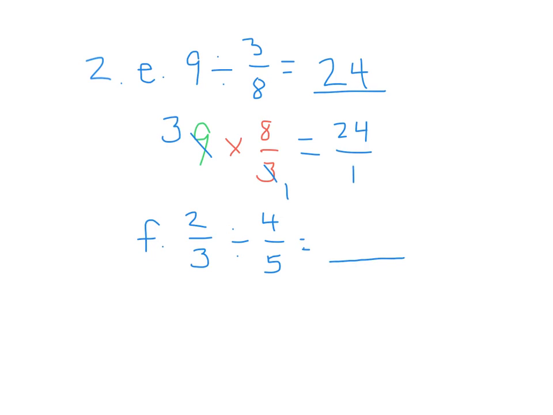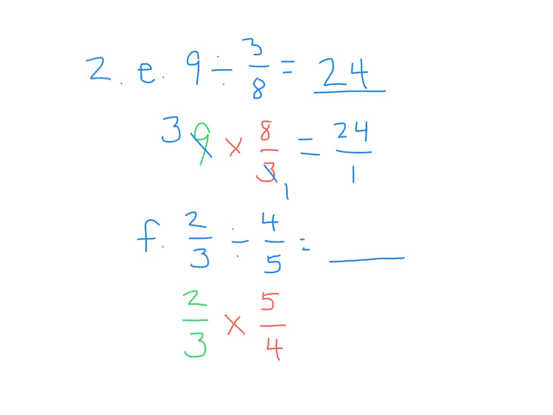Now on the next set, F through J, we're going to have a fraction divided by a fraction, but we still do it the same way. So I have 2/3. I'm going to copy 2/3. I'm going to change divide to times, and I'm going to change 4/5 to 5/4.